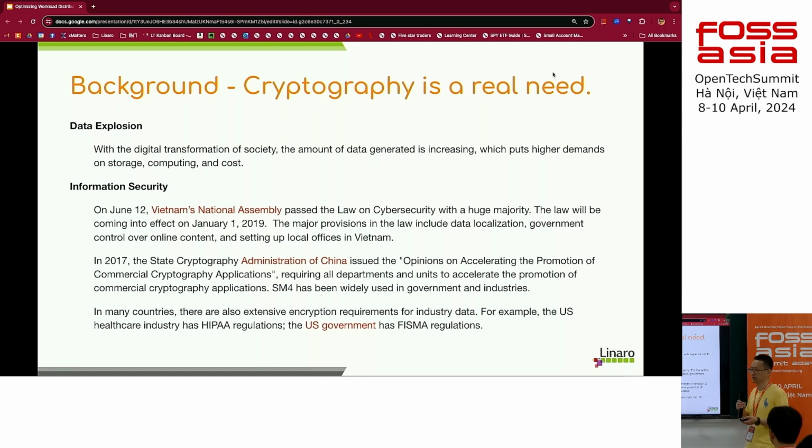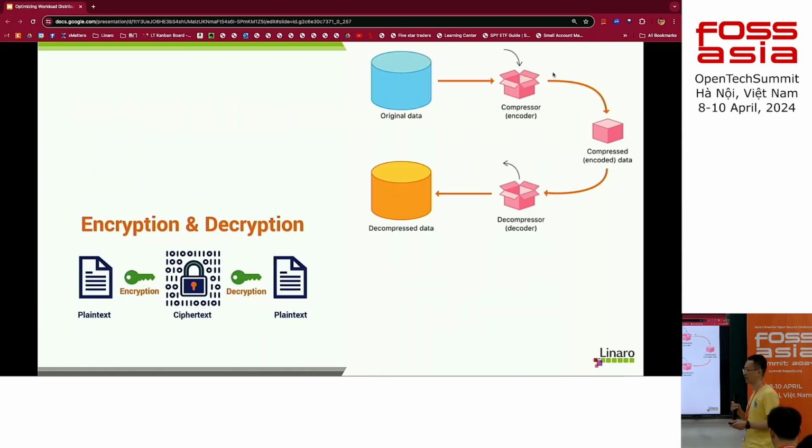They enforce us to apply encryption on our data. That's big. Think about every text file, every byte we store in our server, on our disk: you need to do some encryption, and when you want to fetch it, you need to do decryption. That's a lot of work.